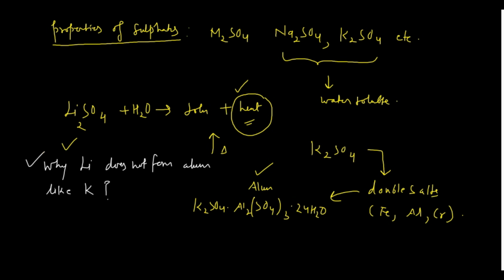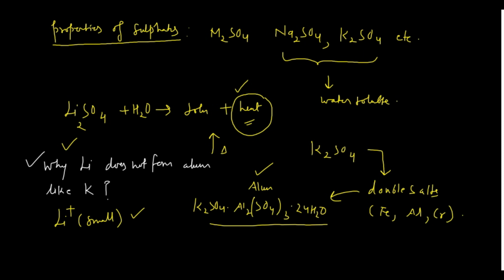Okay, again, this lithium is an exception, and Li+ is very small in size. To form a lattice of the double salt, lithium is very small, and due to its extremely small size, it is not able to form a stable complex required by the double salts, or say the alum.